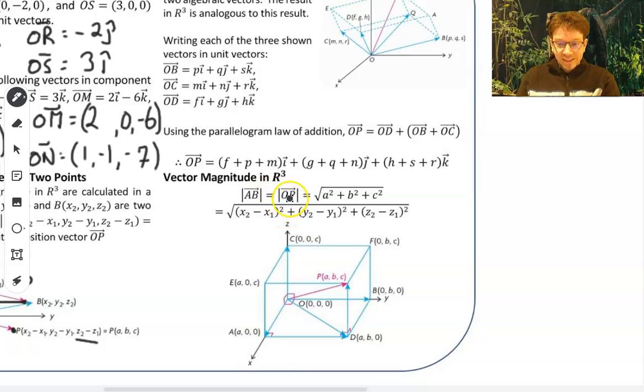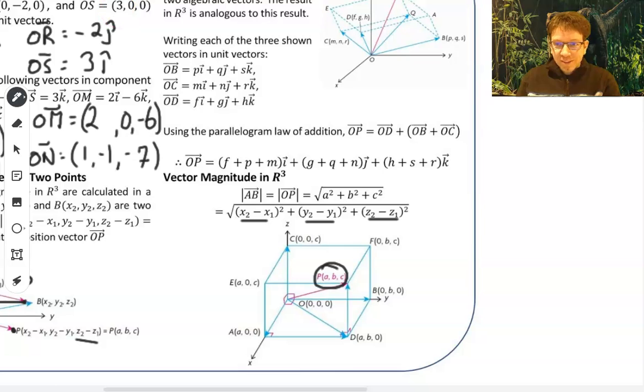And we know its coordinates to be A, B, and C. So we can actually find the length of that vector by doing the square root of A squared plus B squared plus C squared. Of course, if we don't know OP and we just know A and B, we can do this as well, which is what we do to actually find OP anyways. So you can do it in 1 step or you can do it in 2 steps.